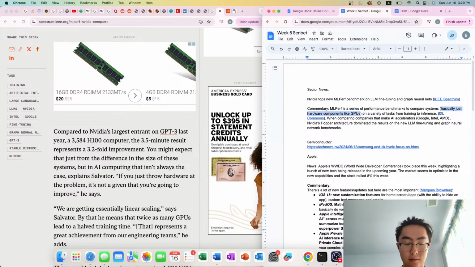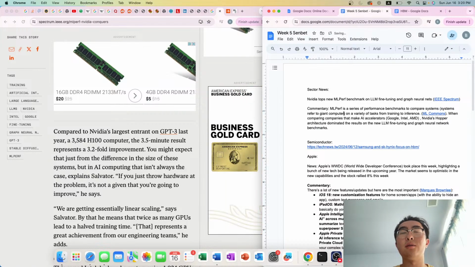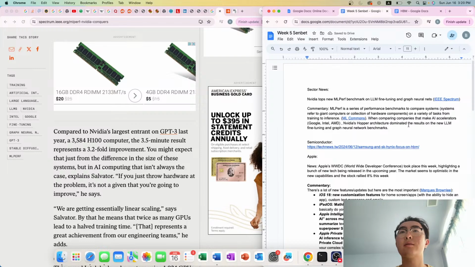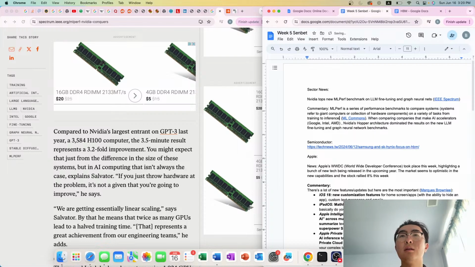Systems refer to giant computers or collections of hardware components, referencing AI models.